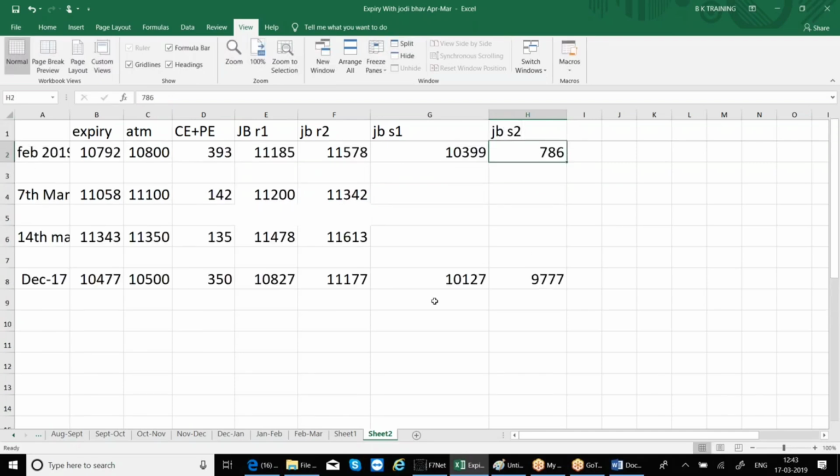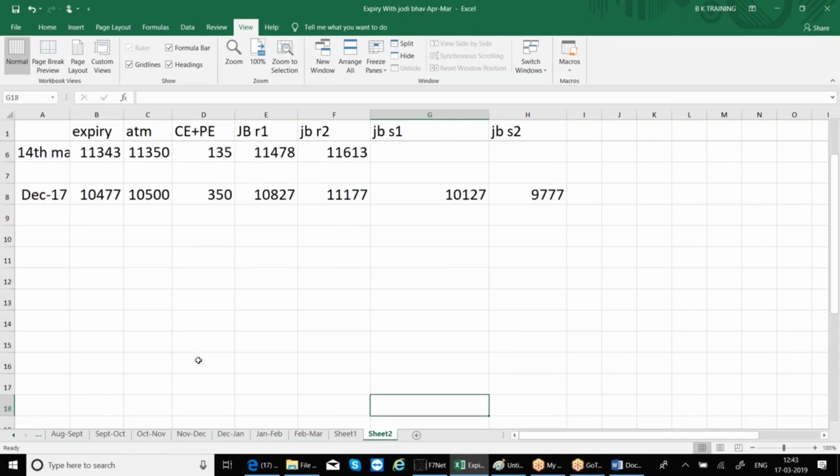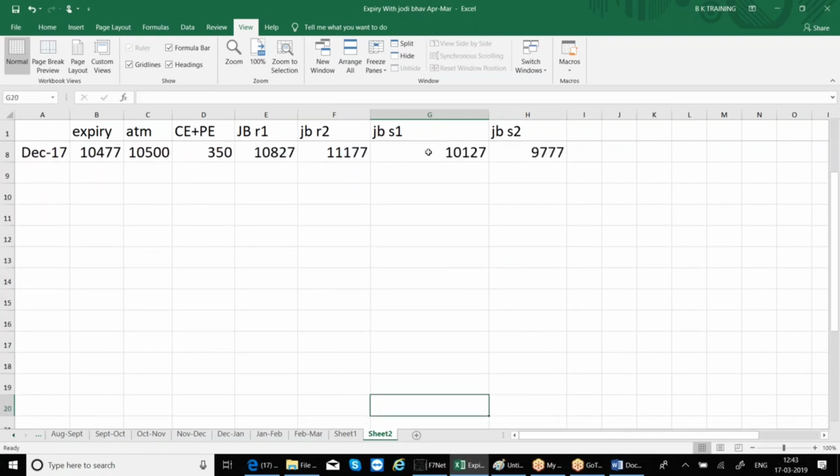Stop loss 2, how did you get that? No, not stop loss, support 2. It is not stop loss, see what it is, how did I get this: expiry price minus the jodi bhav, and this I will get: this price minus the jodi bhav, right?